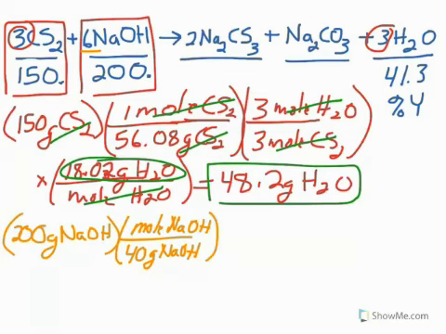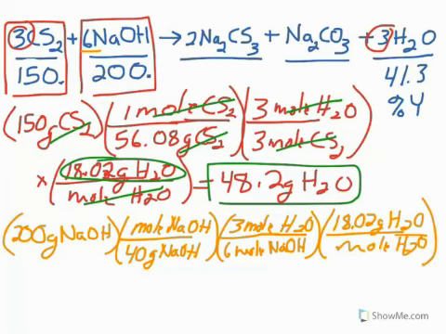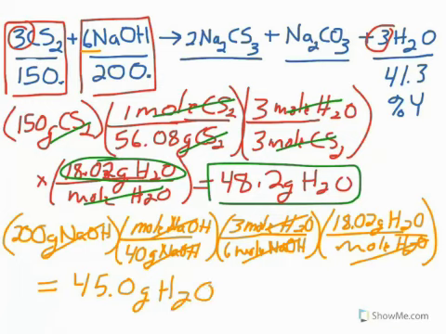And there's a 6:3 ratio: 6 moles of sodium hydroxide per 3 moles of water, and the molar mass again is 18.02 grams of water per mole of water. I'm looking in pretty good shape. My moles cancel here, moles cancel there, grams of sodium hydroxide cancel, so I have the right units, and I get 45.0 grams of water.